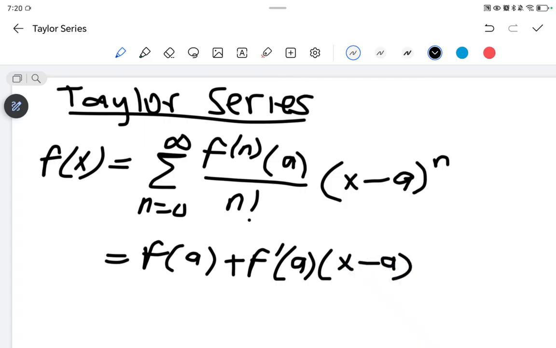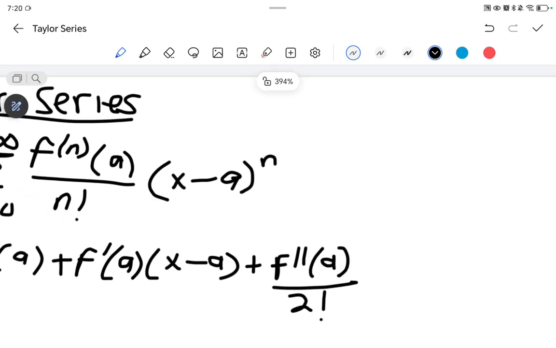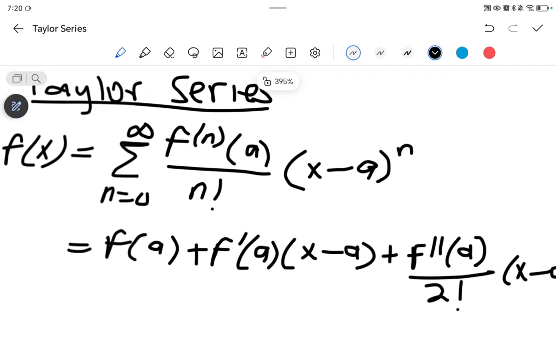And then we're going to have plus f second prime of a over 2 factorial times x minus a squared. Then here say 0 factorial, 1 factorial.